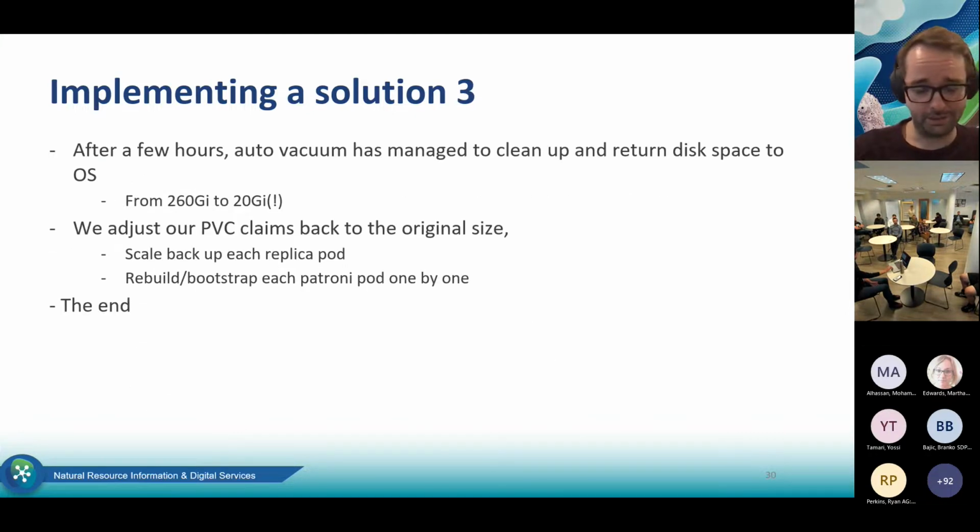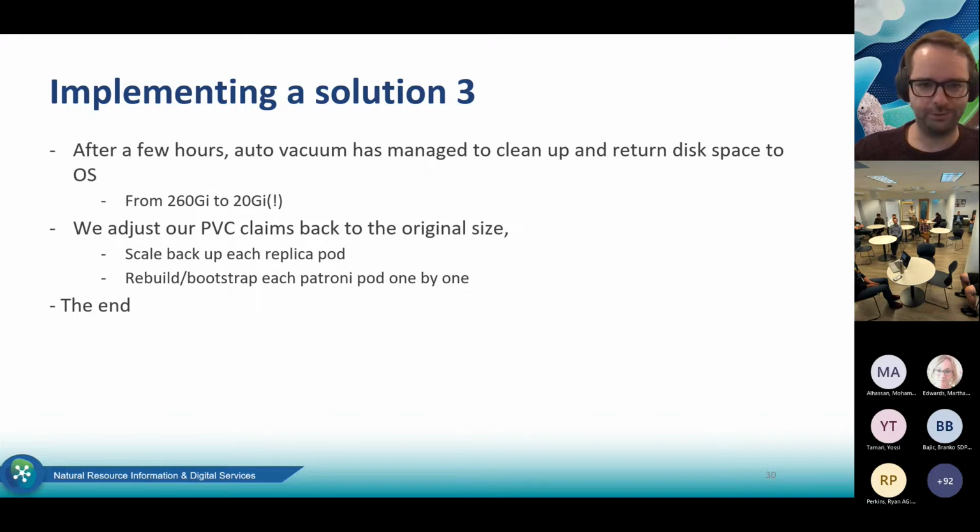And then basically what we had to do, with this scaled down leader, was wait for its scheduled vacuum to run. This is run periodically. It doesn't lock tables, and it's able to free and release disk space back to the OS as it runs. So we let it run. And after a few hours, autovacuum managed to clean up and return disk space to the OS from 260 gigabytes to 20 gigabytes.